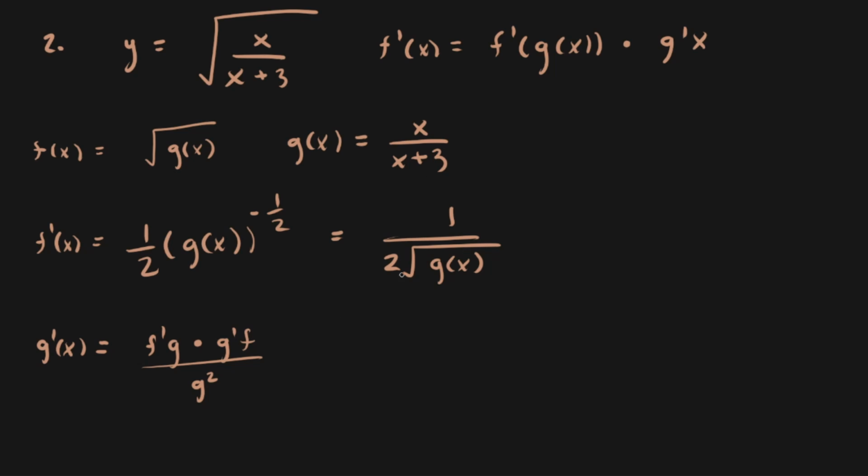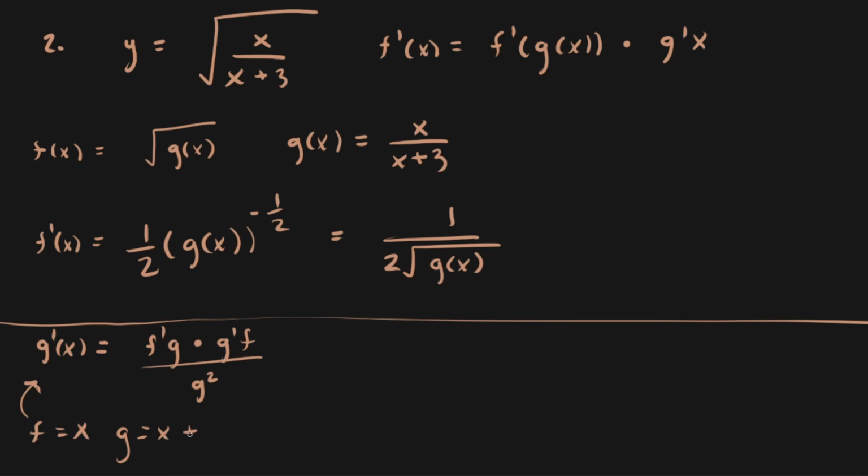We have x over x plus 3. We'll call x f, and we'll call x plus 3 g. For the sake of this, we're going to have f equal x and g equal x plus 3.